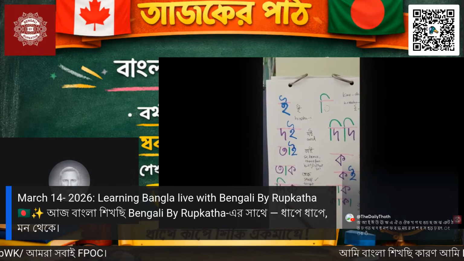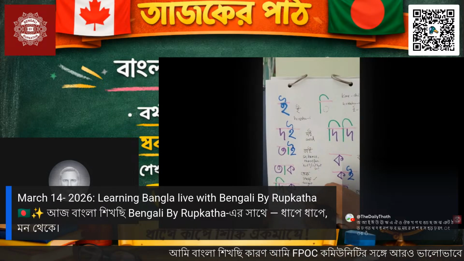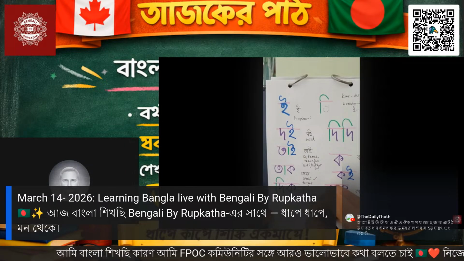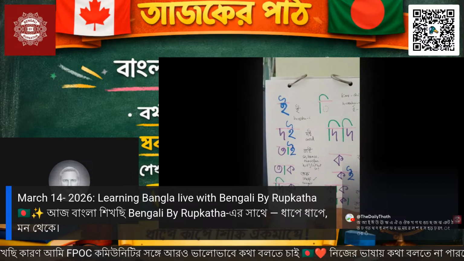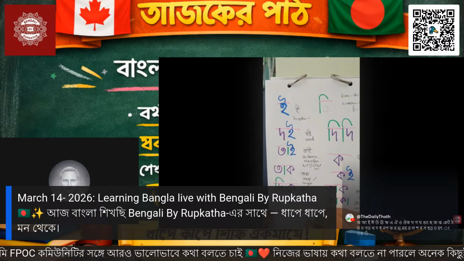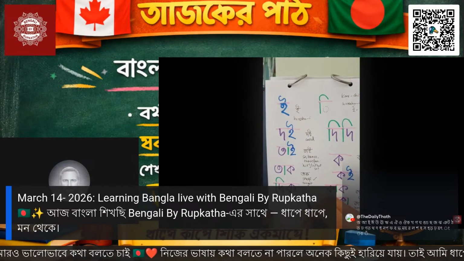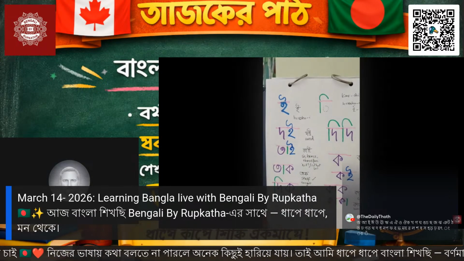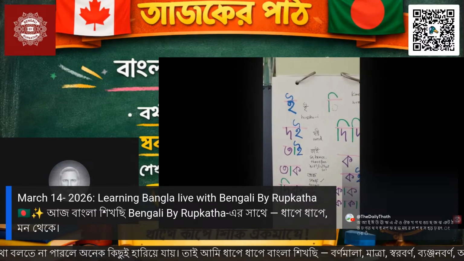So this is D, this is ka. Dik, dik. Let me write it here. This means direction. Dik. It also has another meaning. As a verb, it means let him or her give, or let them give. As a verb, dik. Okay.